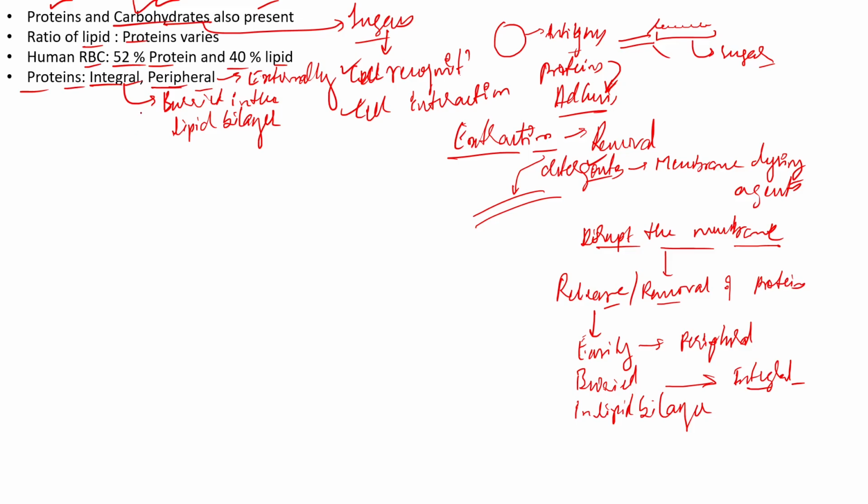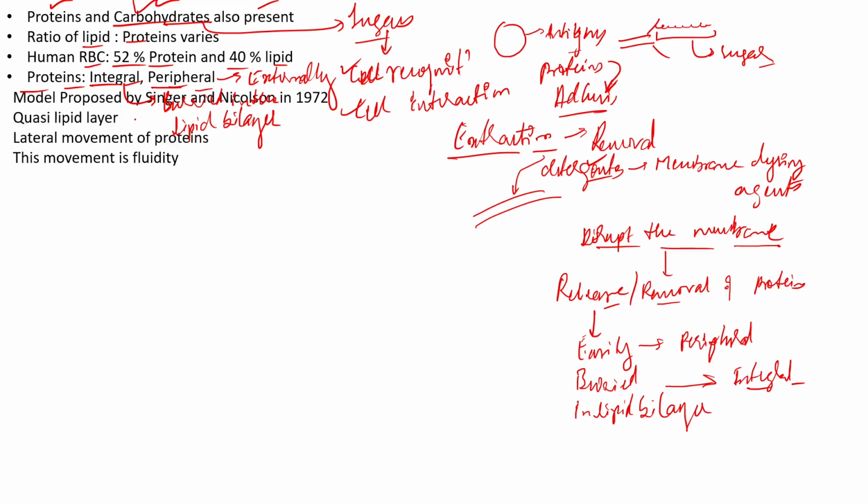I hope you have understood the concept behind the integral and peripheral proteins. So now, the model we have discussed is called the fluid mosaic model. This model was proposed by Singer and Nicolson in 1972.